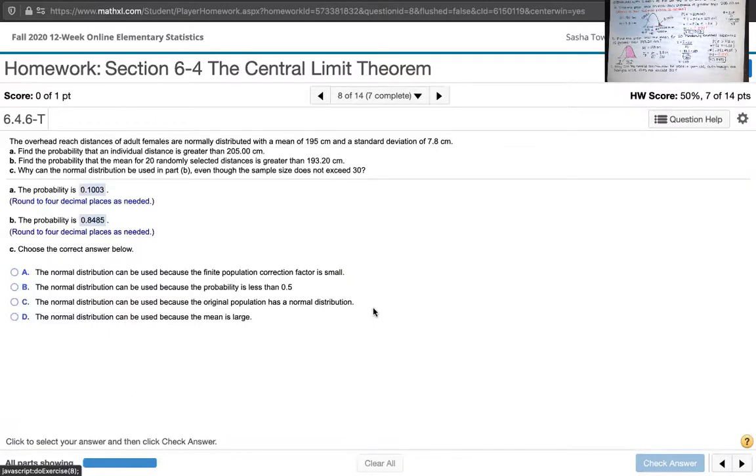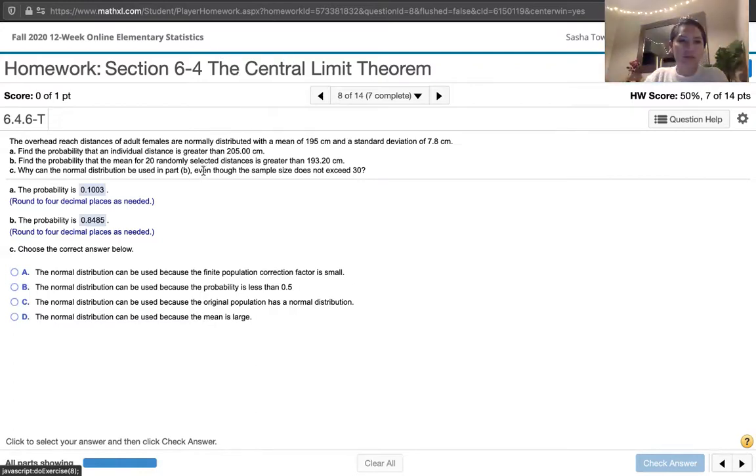Now the part C says, why can the normal distribution be used in part B even though the sample size does not exceed 30? Now remember what we said about the central limit theorem. You can apply the central limit theorem if the sample size is more than 30, even if the original population is not normally distributed. But if the population is normally distributed, then the sample means are normally distributed as well.